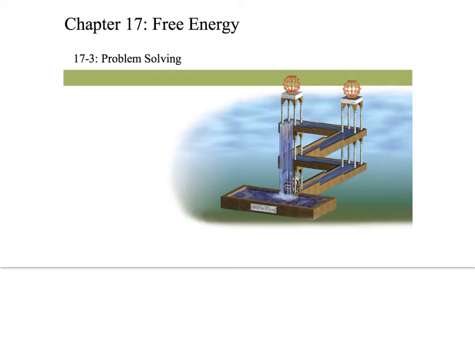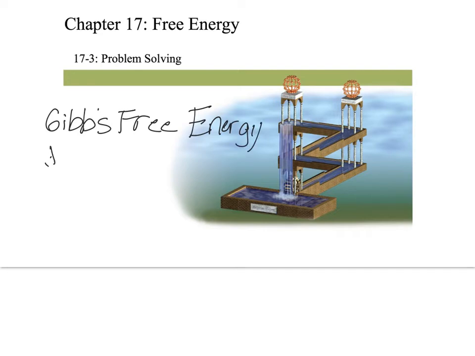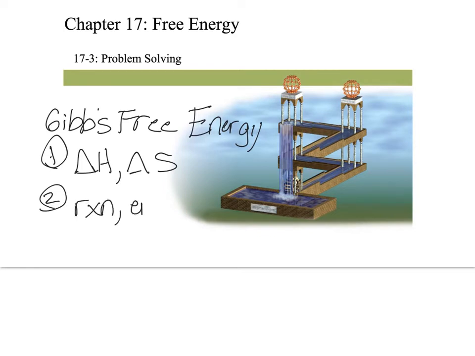In this last section of Chapter 17, we're going to be doing calculations with Gibbs free energy. Three different types of calculations. One would be if we know delta H and delta S. The second type will be if we have a reaction and we can look at the energy of formation.